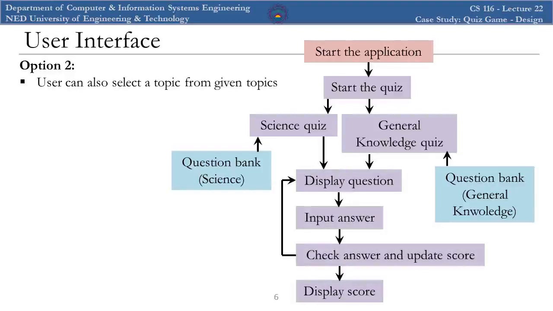Whichever type the user chooses, science or general knowledge, the remaining process is the same. We'll display questions one by one, input the answer, check that answer, update the score, and in the end we'll display the score. We can put this whole thing in another loop, like if the user wants to take another quiz, we can do that as well. So this is the second option.